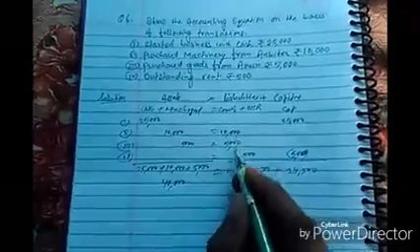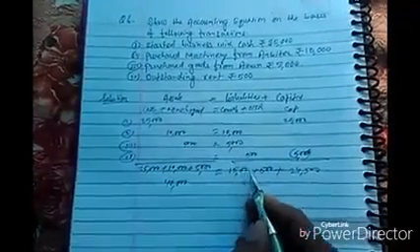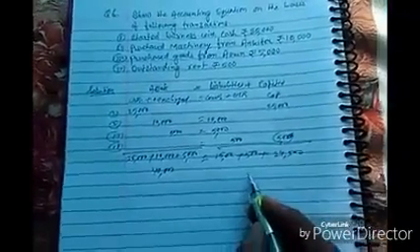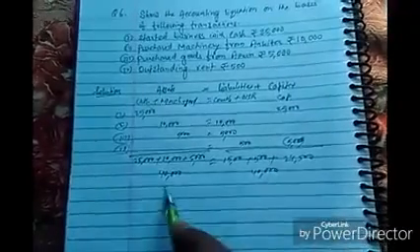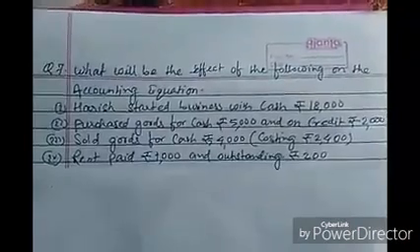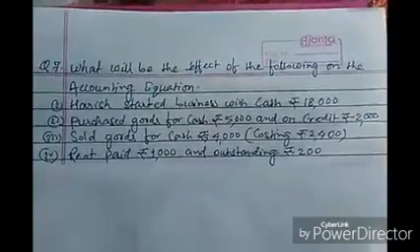Sorry, 10,000 plus 5,000 is 15,000 creditors. Now you add all, that will be 40,000. Both the sides are equal. So the new accounting equation is 40,000 assets equals 40,000 liability, that is both sides. Okay.